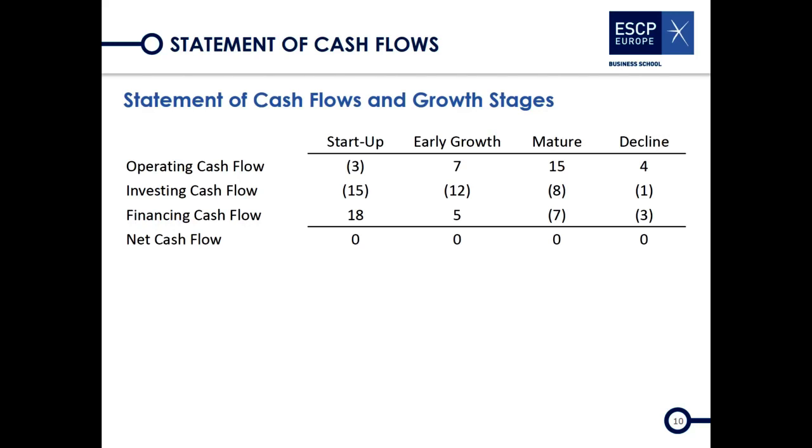However, they invest a lot of money into future business opportunities, so you see a huge negative cash flow from investing activities here, and they finance that through either borrowing money from a bank, but usually startups nowadays get money from venture capital companies or raise it on the stock markets.